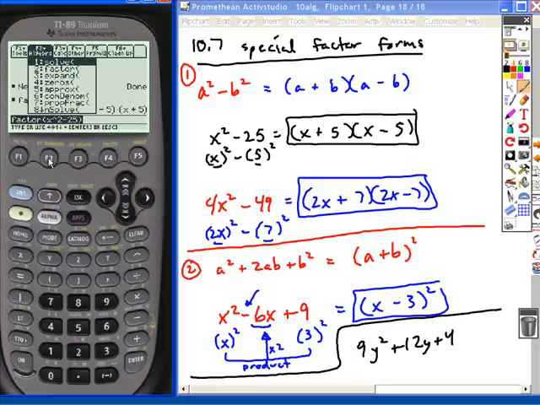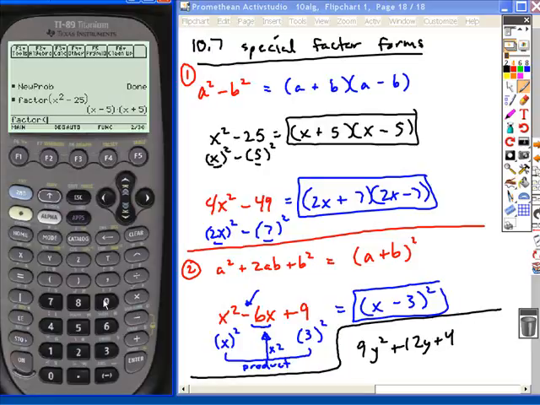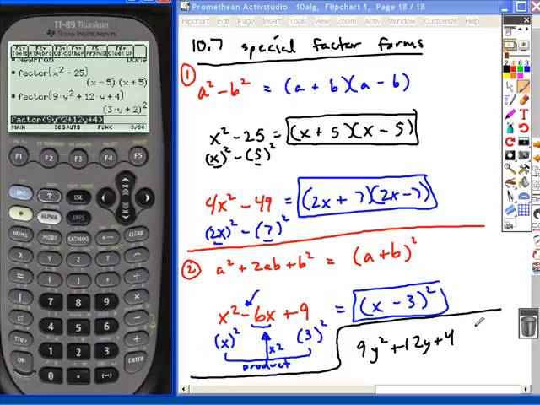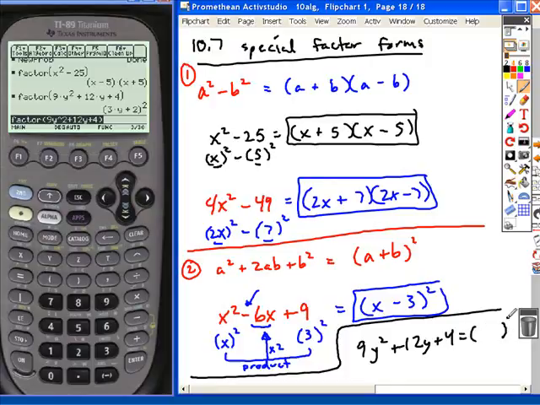Hit F2, the algebra tab, number 2 factor. Type in the expression exactly as it appears, 9y squared plus 12y plus 4. Close it off, hit enter. And it shows you that binomial square form, which is 3y plus 2, quantity squared.